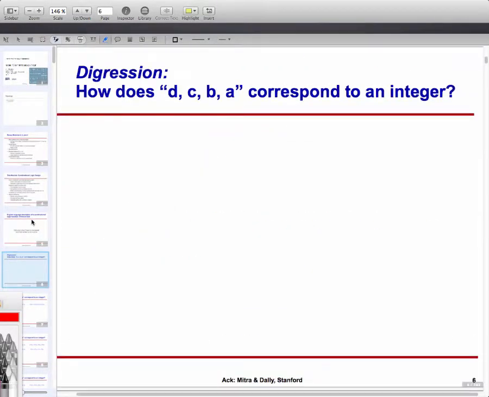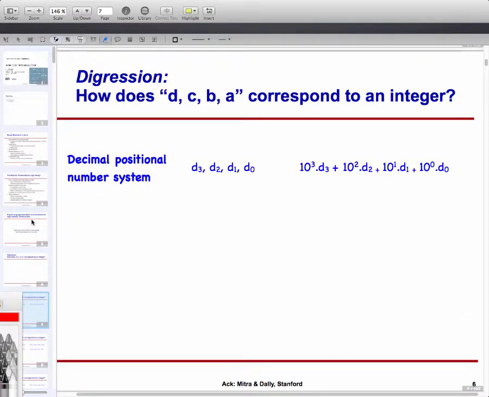Okay, so just for the sake of those of you who may not be up to date on Boolean arithmetic, when I said those 4 bits represent a number, what do I really mean by that? When we do decimal arithmetic, each position in the number is a decimal digit.